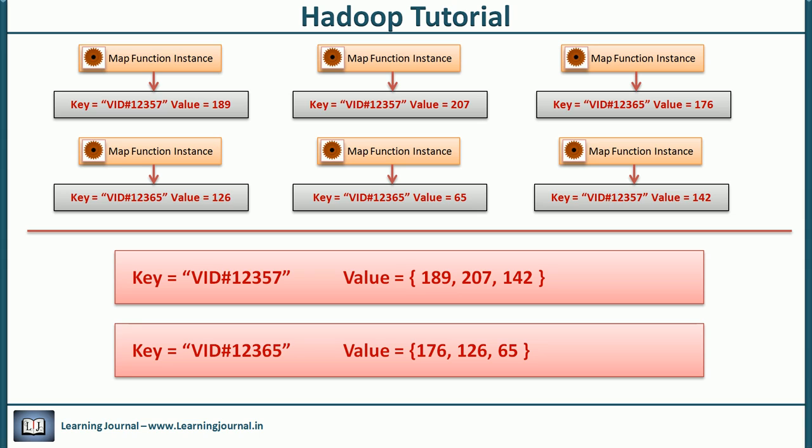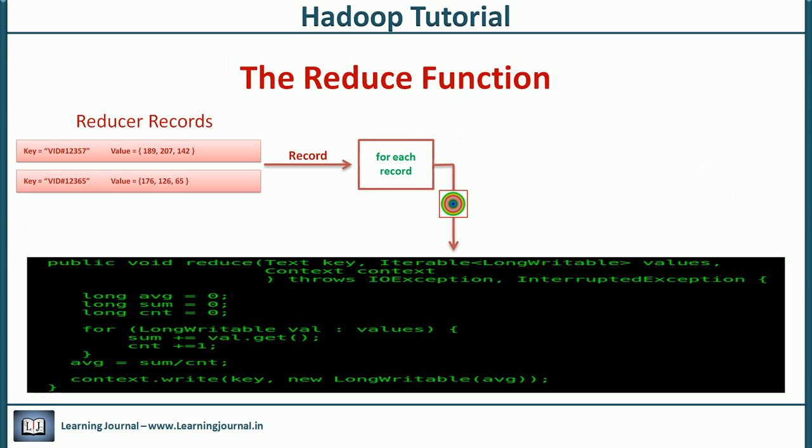It will collect all the values for the first video ID into one array and attach it to the first row. Similarly, it will gather all values for the second video ID and attach it to the second record. Both the rows are ready. Now the framework will call the reduce function and pass these 2 records.